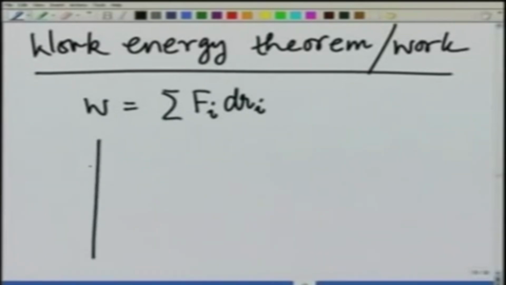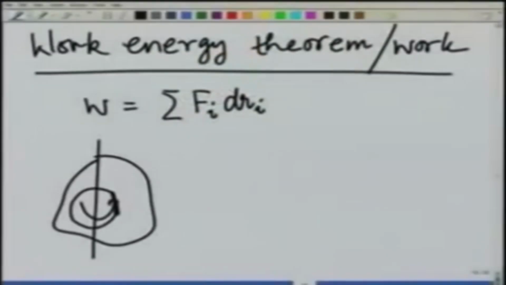So, if a body is rotating like this and I apply a force on this, since it can move only in the phi direction, only the component of force in the phi direction will work.